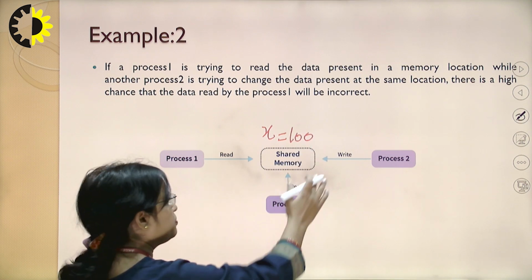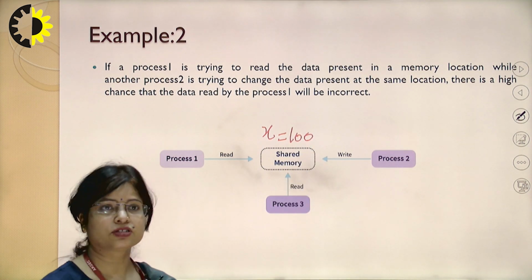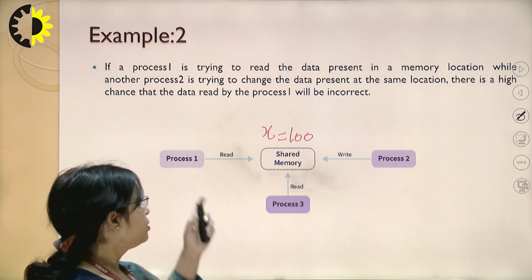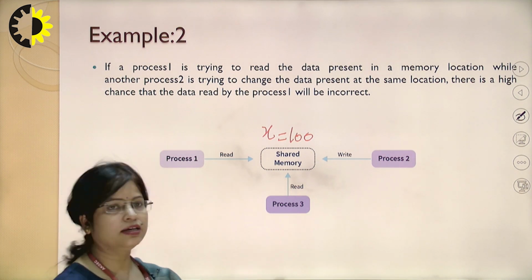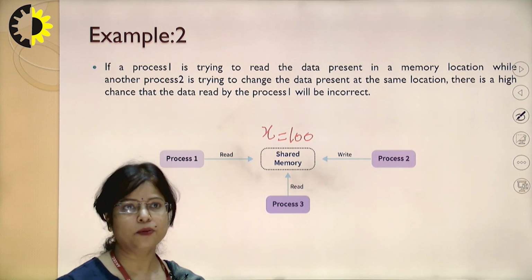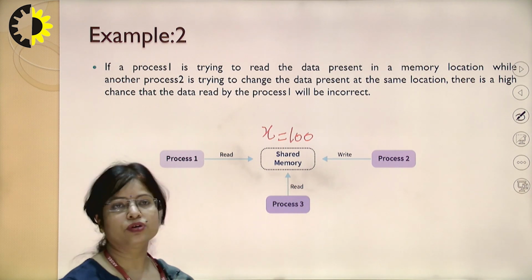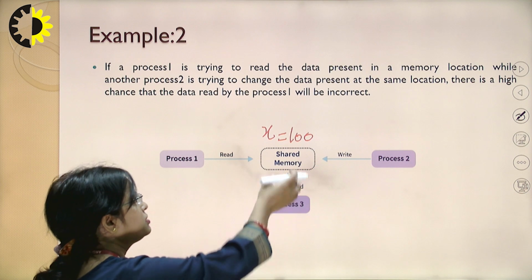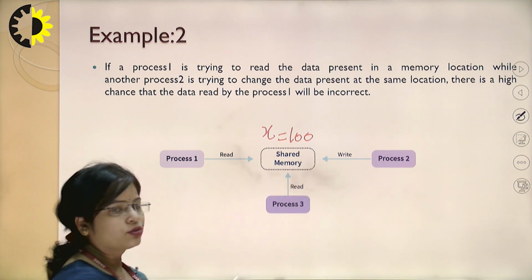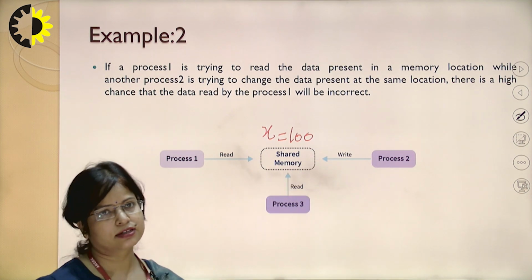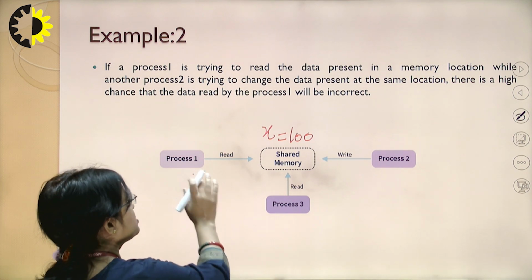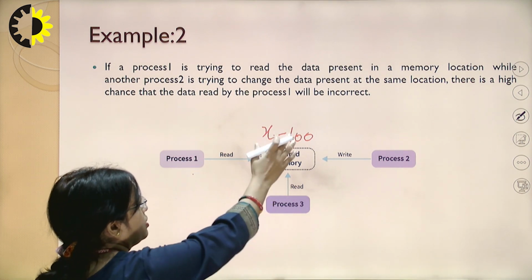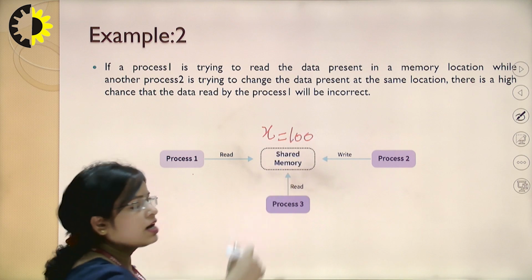There are three processes: process 1, process 2 and process 3. Process 1 and process 3 are performing the read operation, while process 2 is performing the write operation. Write operation means process 2 is trying to update the value of X. So, when process 1 and process 2 run, process 2 starts first.